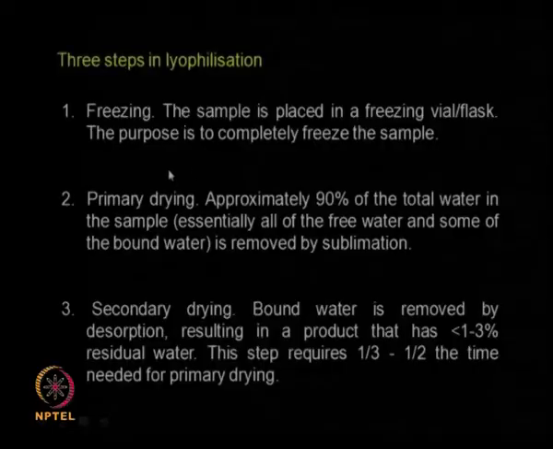Then, once you have frozen the material, by sublimation you are removing the solid material as vapor. So 90% of the total water in the sample goes away. Some of the free water and some of the bound water goes away. Then we desorb whatever water is present by increasing the temperature. Finally you end up with about 1 to 3% residual water.